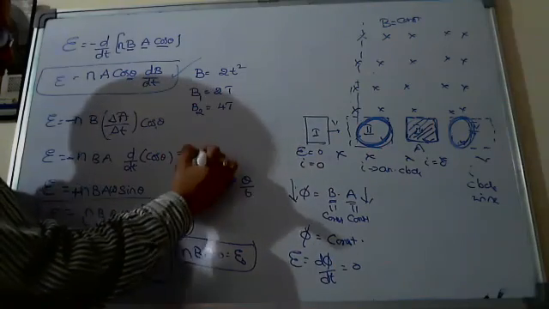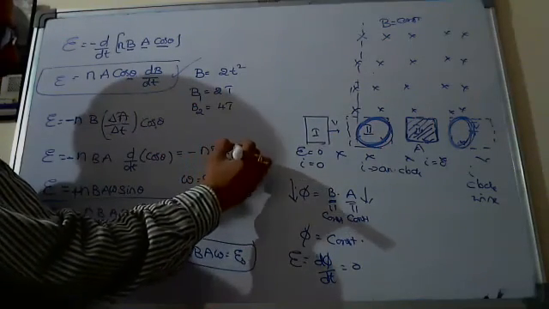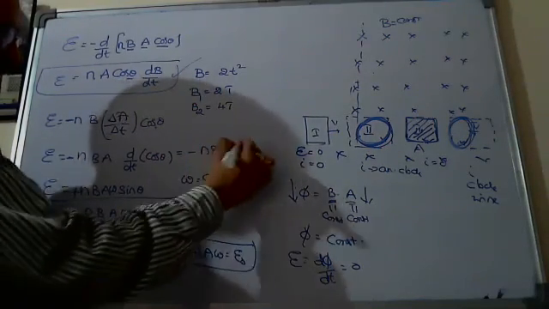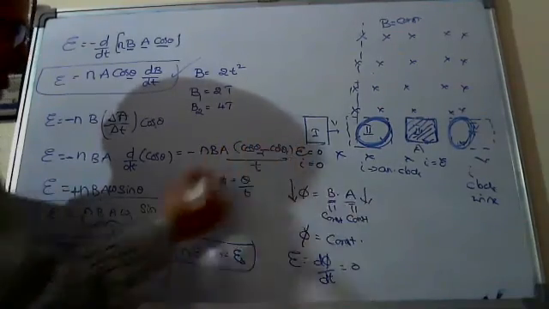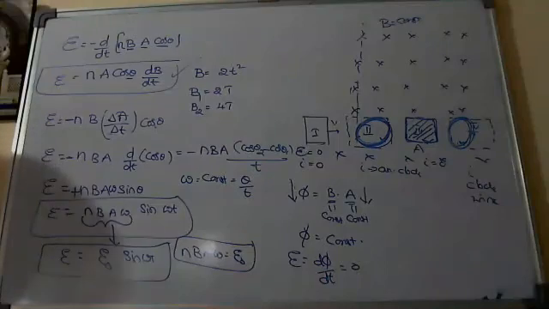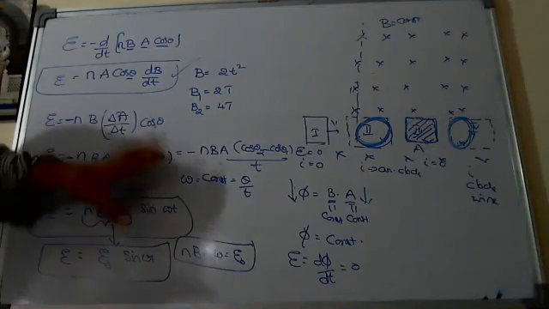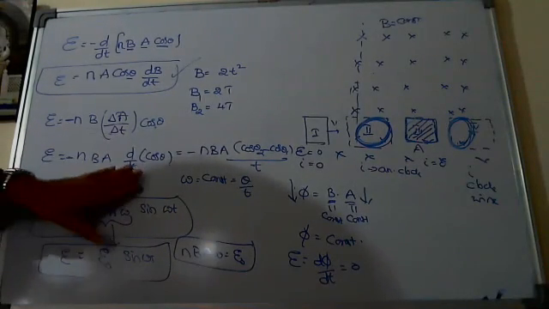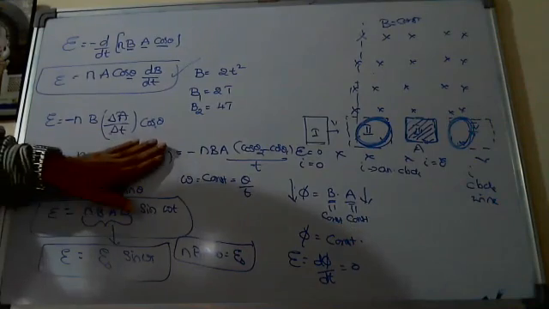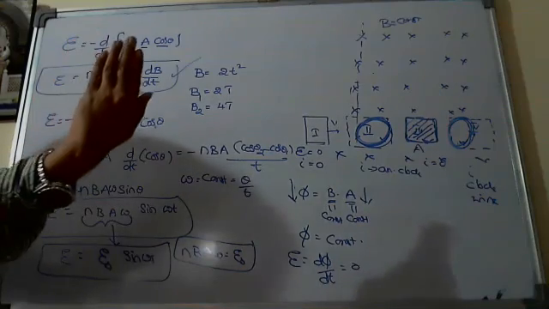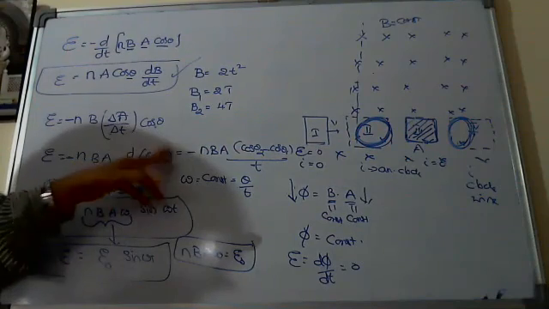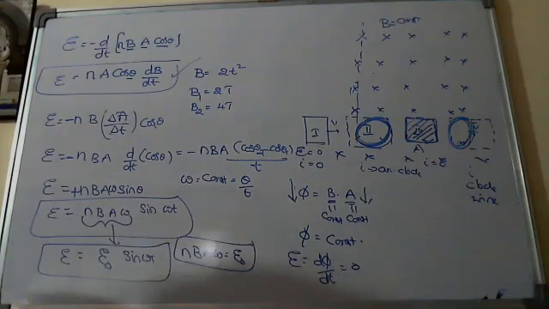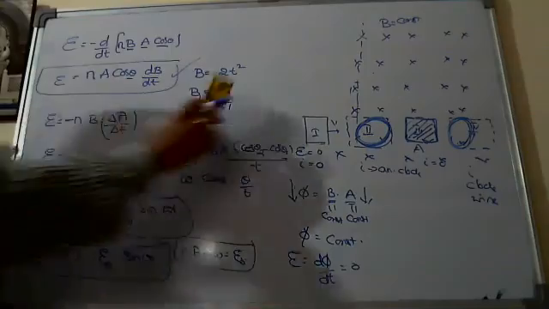This equation you write as minus NBA into delta cos theta, means cos theta 2 minus cos theta 1 by t. So in all cases, when it is continuously rotated, differentiate. Just the angle is changed from one angle to another angle, then use the delta model, change in cos theta by time. So those basic models I'm not explaining now. I think you can solve them.